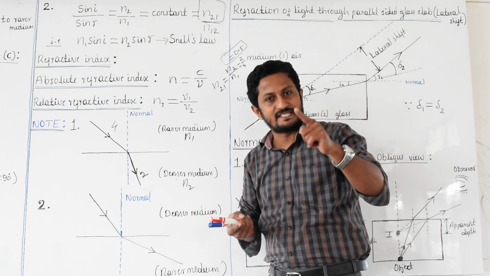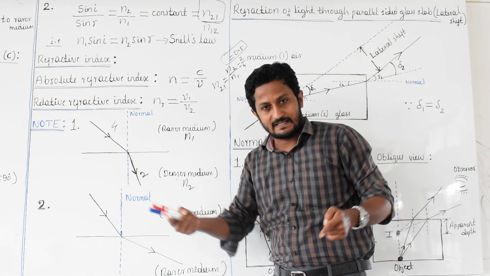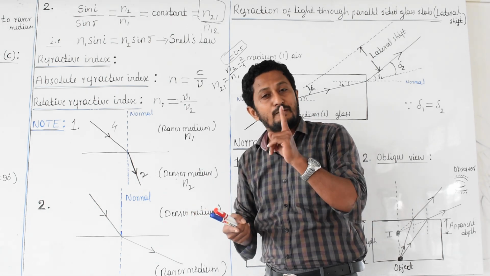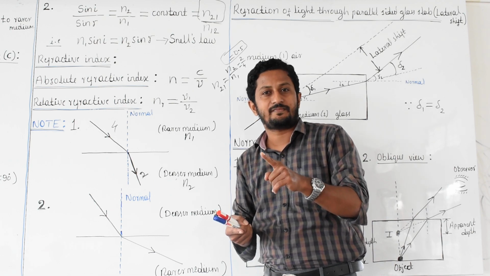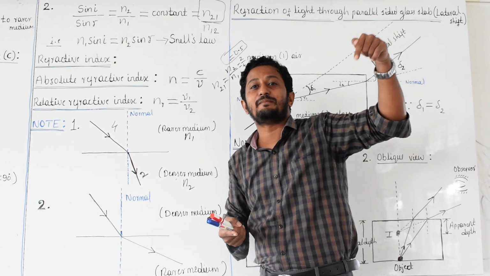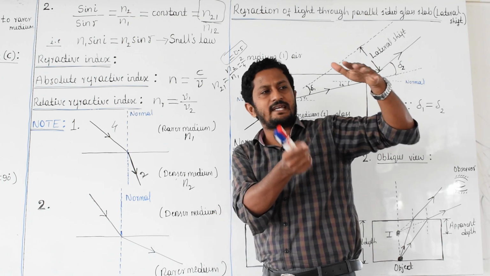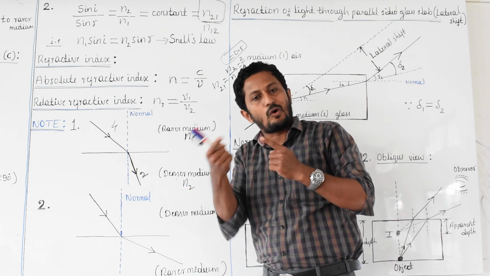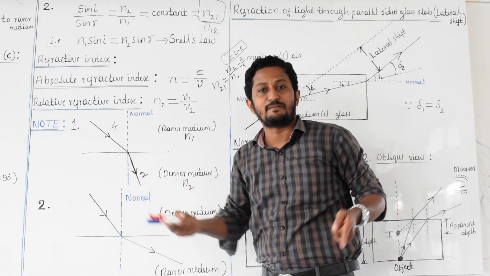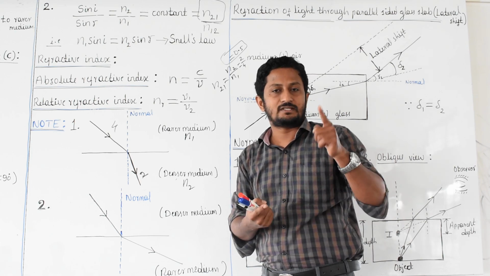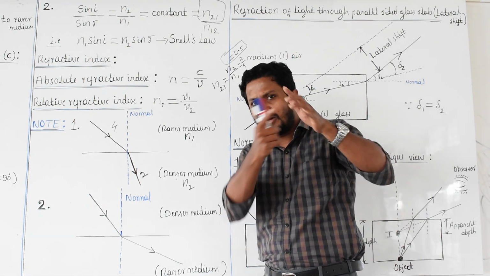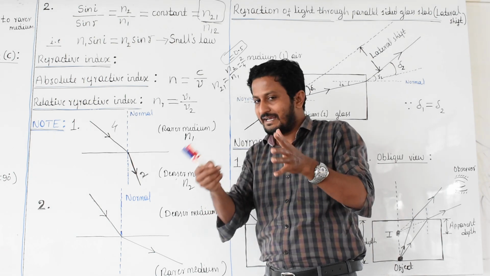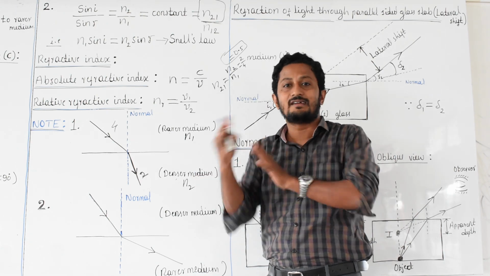The speed it has in air, 3 into 10 to the power of 8, got decreased 1.5 times in the glass medium. Are you getting what I mean to say? That number indicates that much decrease.